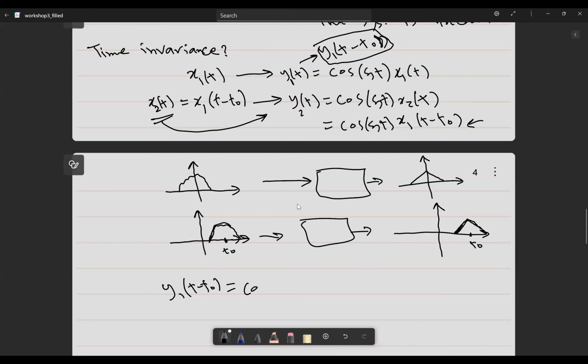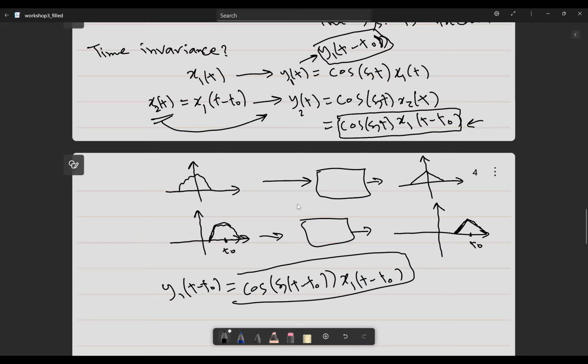So now we'll have cosine 5(t minus t naught) times x1(t minus t naught). And we can see that this is different from this. Those are not the same. We have this extra term here.